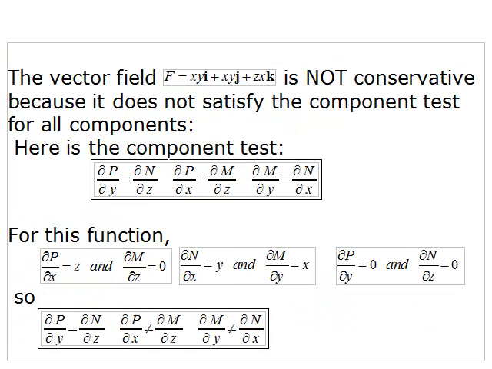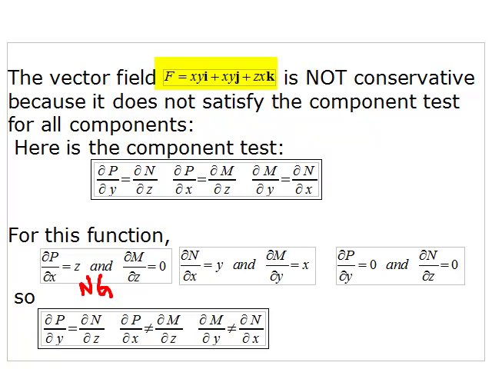Just for comparison, here's one that isn't. Here's a vector field, xy in the i direction, xy in the j direction, zx in the k direction. All right, the first part, p sub x is z and m sub z is 0, so this doesn't work. Right off the bat, the first one is no good, and right now you know it's not a conservative field because all three have to hold.